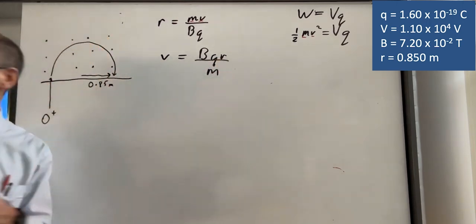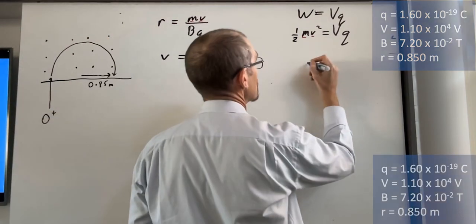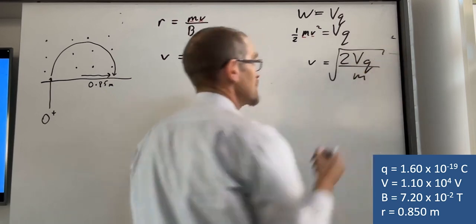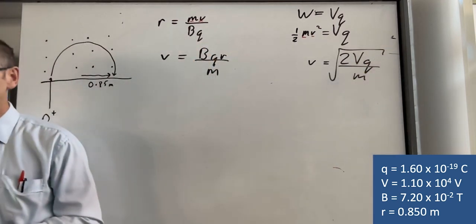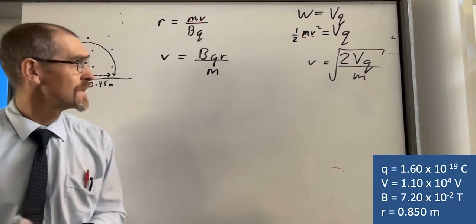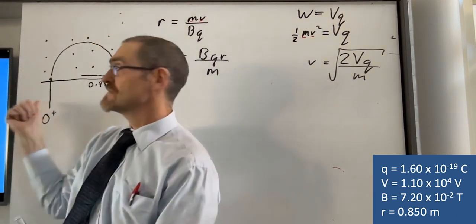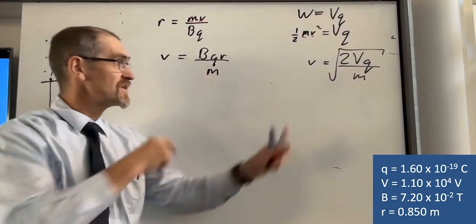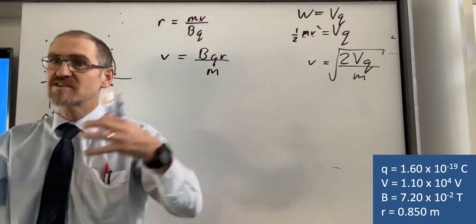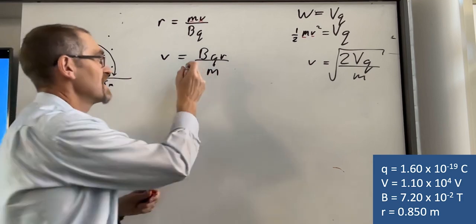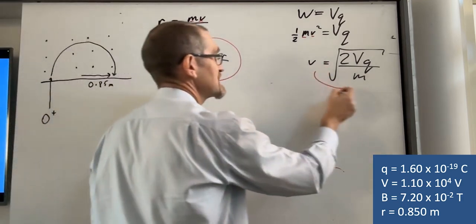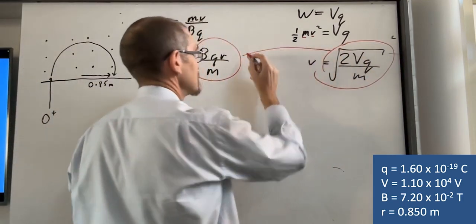Is my algebra correct? Yes? All right. Is my algebra correct again? Yep, sing out if it's not, because it's not always. Okay, so now we know the velocity of these charged oxygen atoms is equal to that. These two values are the same, which means this is the same as that.